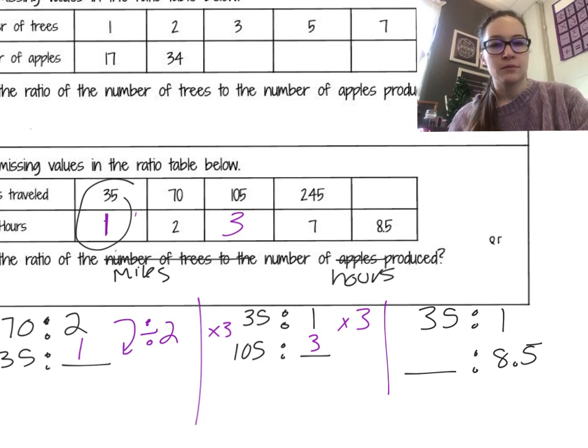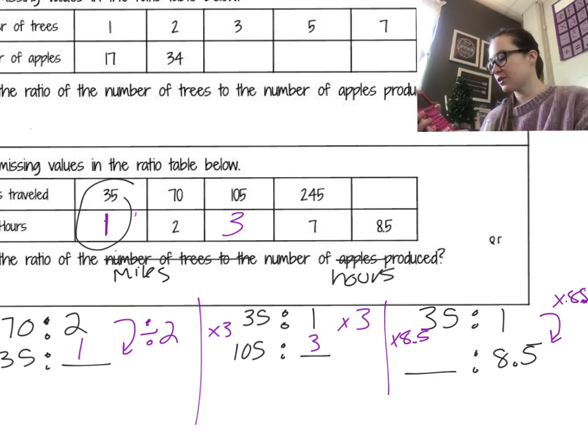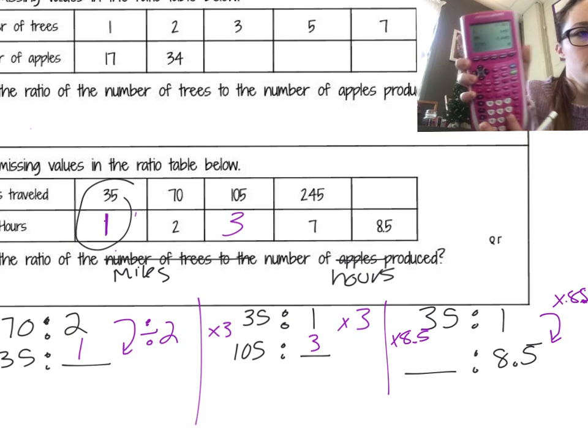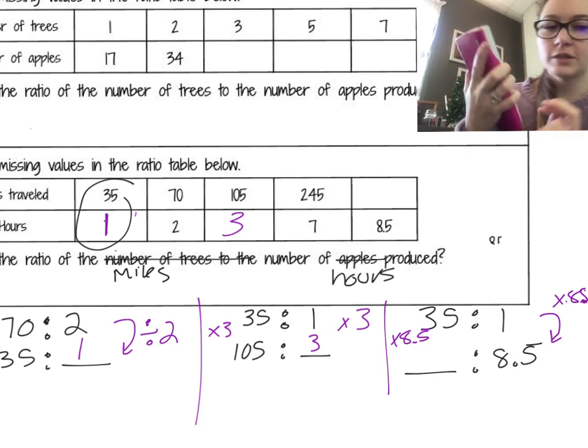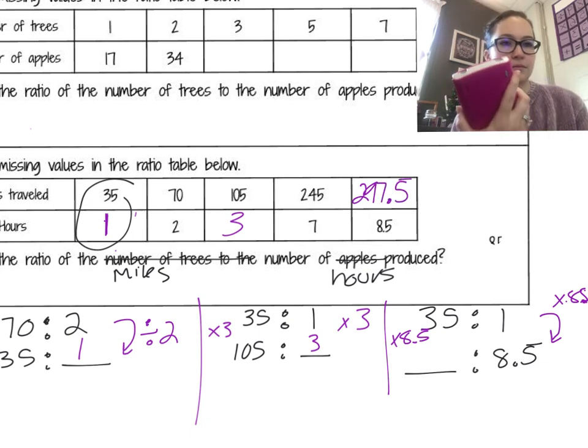So by multiplying to get from 1 to 8.5, multiply by 8.5. So on the other side, I have to multiply by 8.5. So we're going to take 35 times 8.5, which is 297.5.